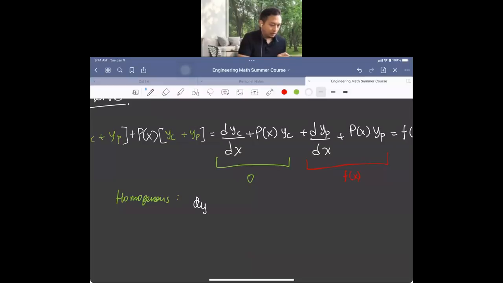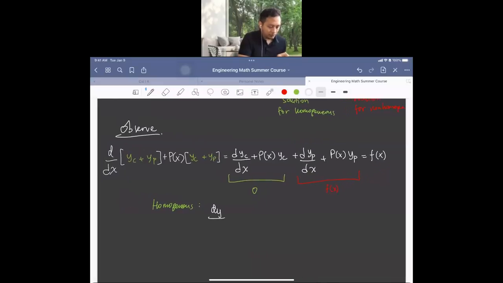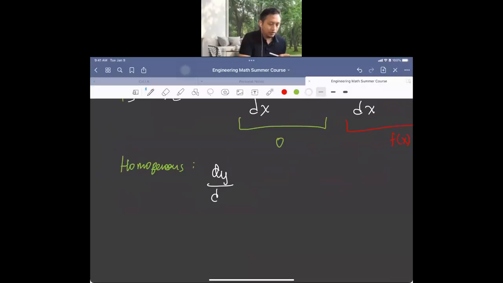So we can write one by one, dy dx plus p x y equals 0.